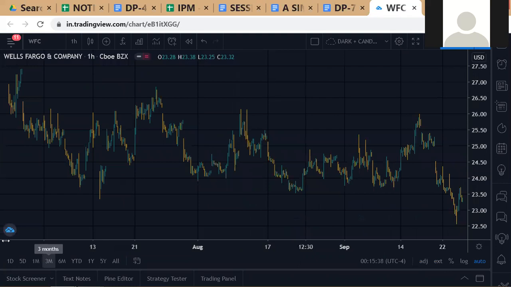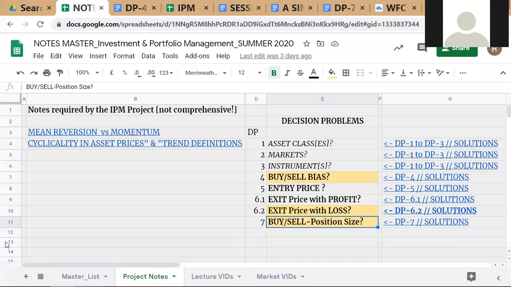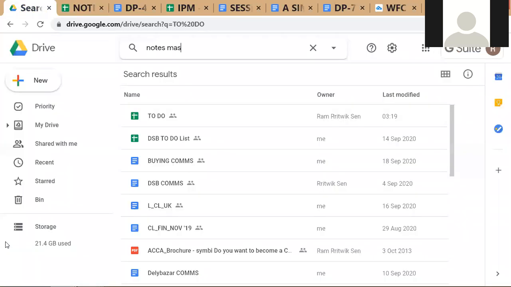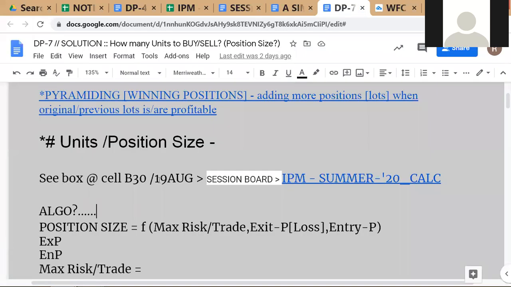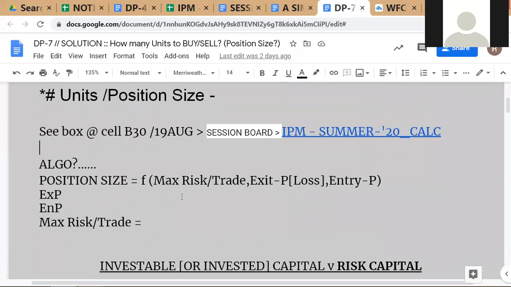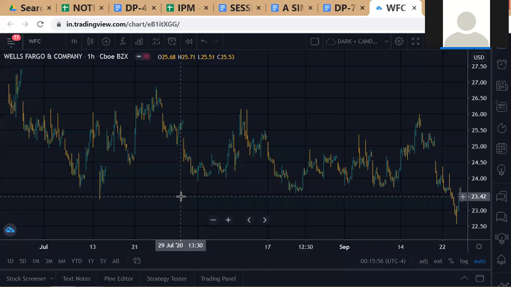Let's say as a momentum trader, we're trying to see how we are going to solve this position size. We've already done it, but before you come to position size, you have to already solve some of the earlier decision problems. We are solving DP4 initially.